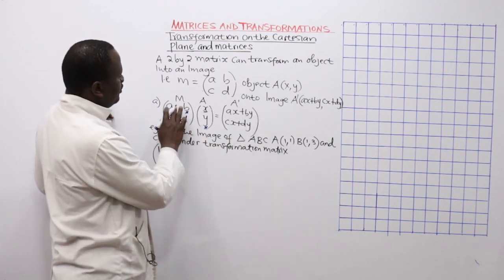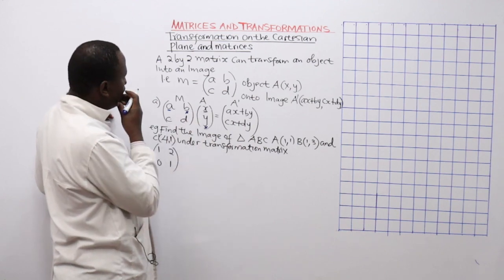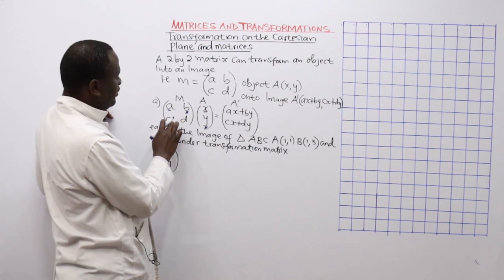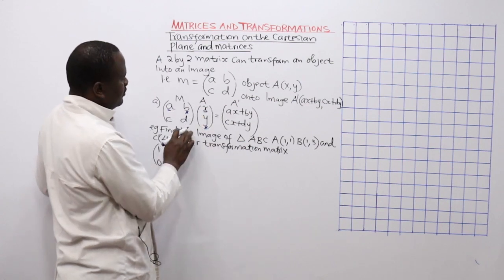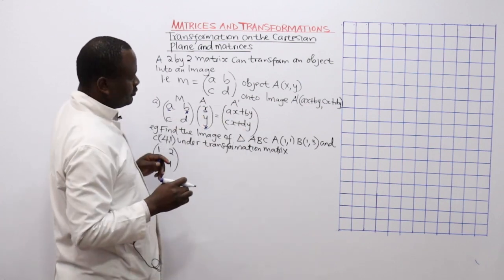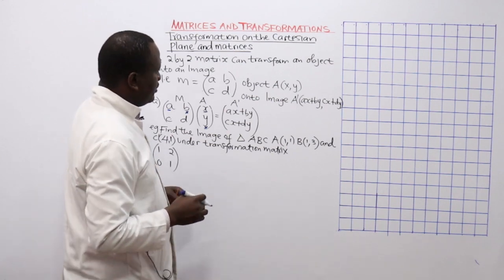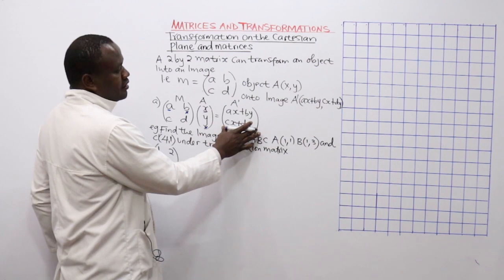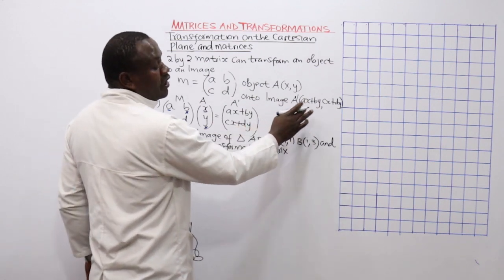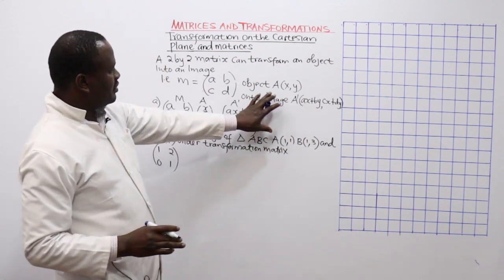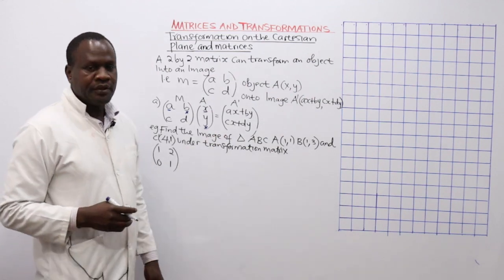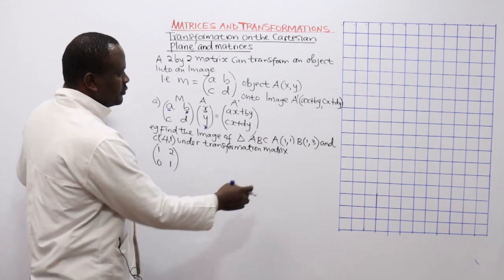Then, once we are through with A and B, we go to C and D. Just C takes the position of A. CX plus DY. So this is the image, but it has to be written in a row form and plotted. But since this is an arbitrary one, it cannot be plotted. So let's try a real object.